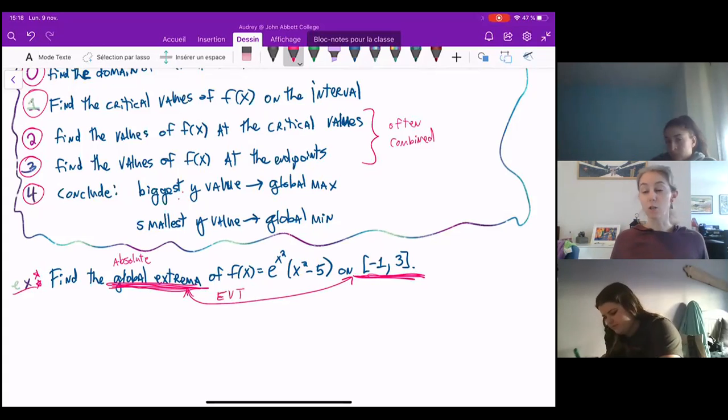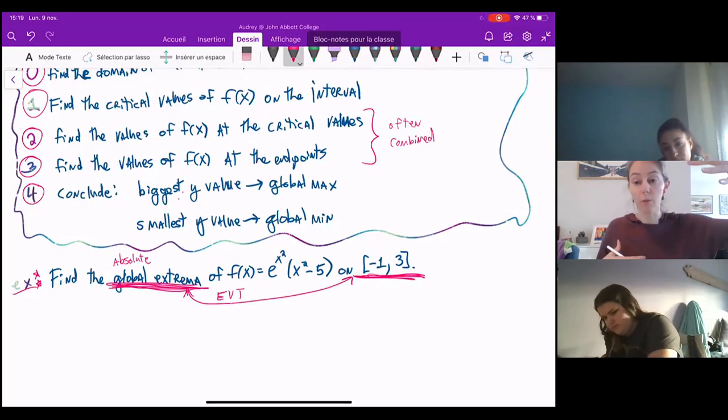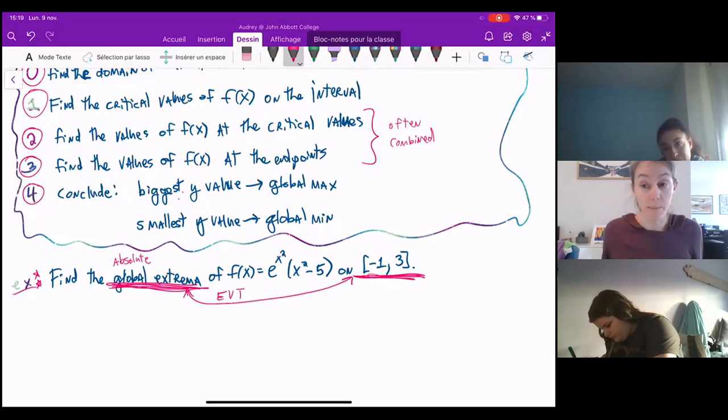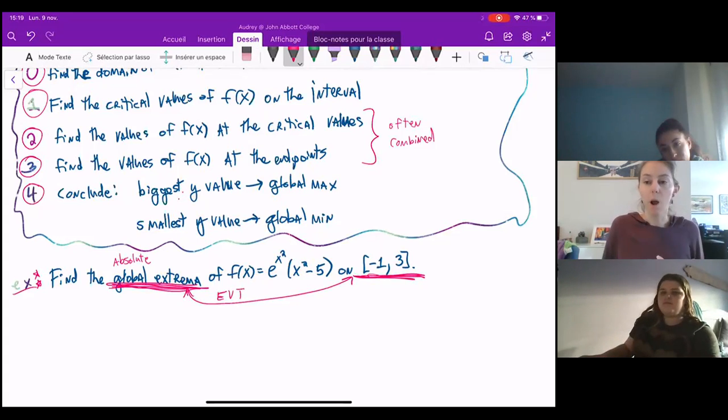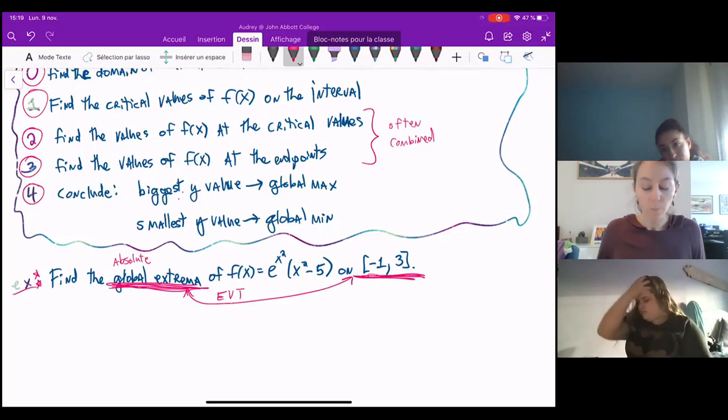And you'll notice the extreme value theorem does not involve a table of values. So the difference between the first problem we did today and this is actually quite major. So if you can't look at this and recognize which one you need to do, you might do the wrong thing, and then I can't really even give you part marks. So you really need to be comfortable with recognizing that means to do these steps that we have right here.